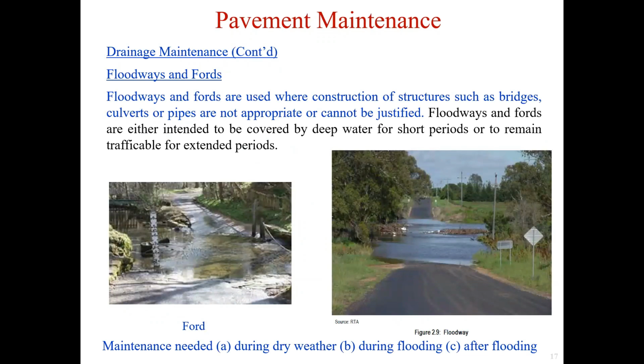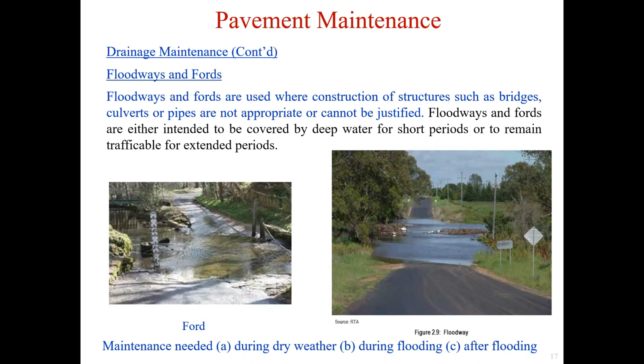When construction of structures such as bridges, culverts, or pipes is not appropriate or can't be justified, floodways and fords could be used. So obviously they are mainly applicable for low traffic roads. Floodways and fords are either intended to be covered by deep water for short periods or to remain trafficable for extended periods.